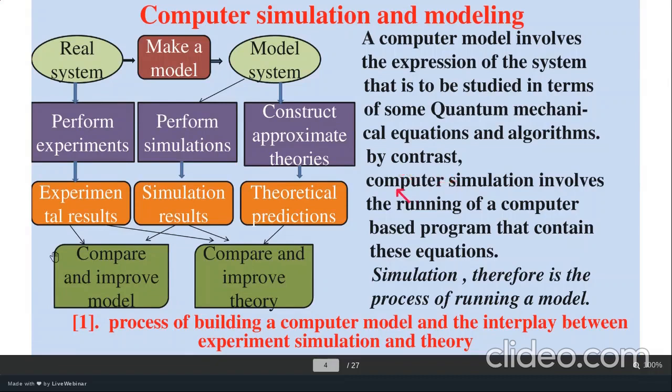By contrast, computer simulation involves the running of a computer-based program that contains these equations. What we have done in computer simulation, we are running some programs using some software or some other basis sets and data. We have run the programs and get our results. Simulation, therefore, is the process of running a model. This is the process of building a computer model.